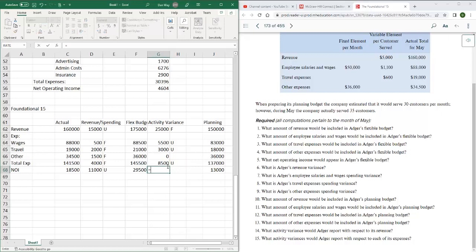And then, of course, at the net income line, 29,500 minus 13,000. Got 16,500, flex greater than planning, so that is favorable. Or if you prefer, netting out our activity variance for revenue, and then our activity variances for the expenses there.